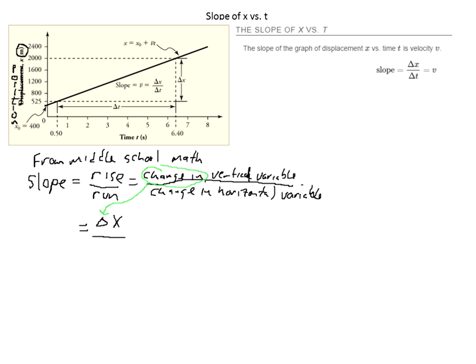And then change in the horizontal variable. So again, use that triangle. The horizontal variable in this case is time or clock reading. So this is the slope of a position versus time graph. And right here, slope is a generic term. So slope equals rise over run. That's pretty much as general as we can be.